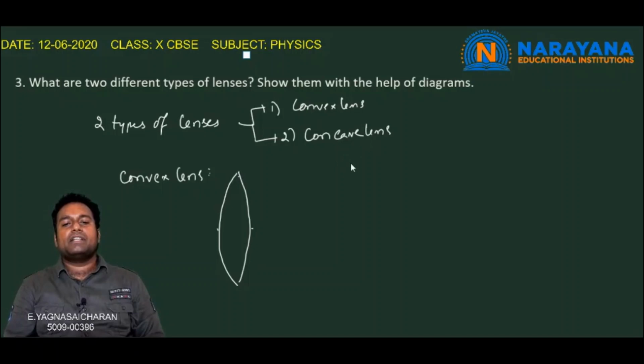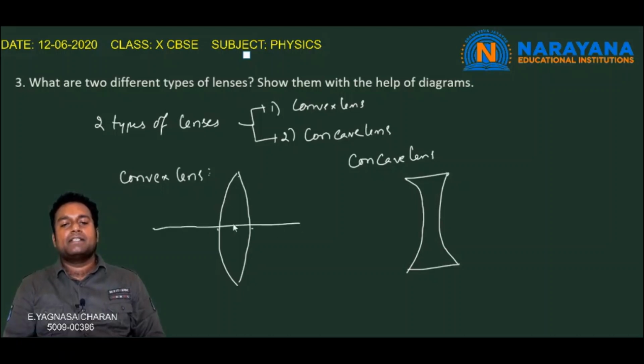Whereas the concave lens is thin at the center and thick at the edges. Considering the principal axis, this is going to be the optic center. The focus of the first curvature will be here and we call this F1, and the center of curvature will be C1.